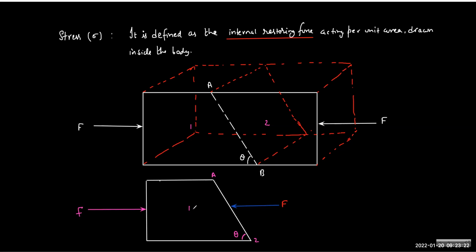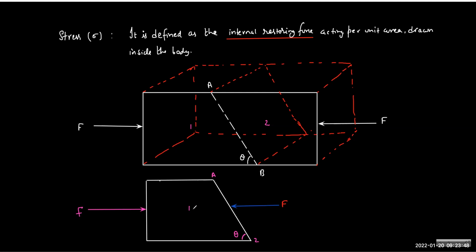Now, the blue arrow represents the internal force developed and acting on this imaginary surface. On this imaginary surface, the right body will apply force on the left, and on the same surface, the left will apply force on the right.